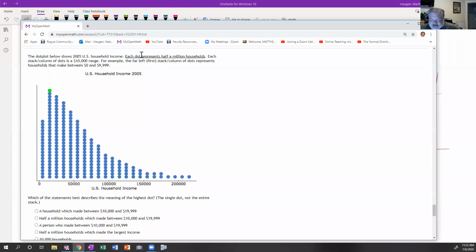And here, each of these dots represents 500,000 households. Couldn't we have just put a scale on this? Oh, my pen won't work on that. I didn't copy and paste it over. But we could have put a scale on that said so many millions and made bars instead of dots. And frankly, that's more common in lots of things.